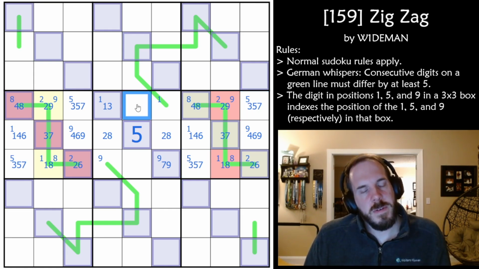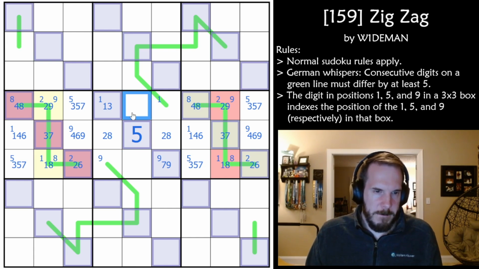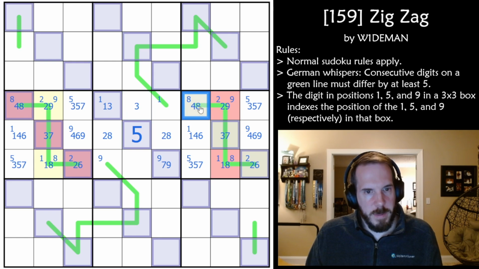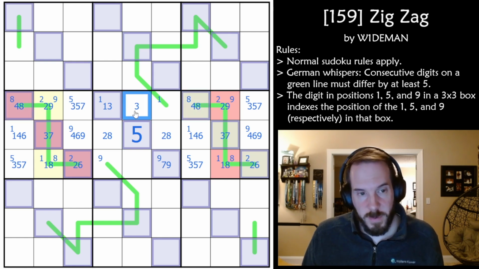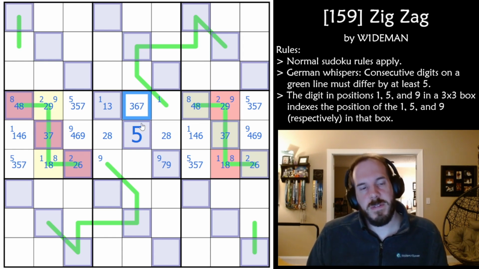All right, so let's try to think about these cells, because they can't be 1, they can't be 2. We could have 3. It can't be 4 because we have a 4, 8 pair in the row. It can't be 5. It could be 6 or 7. It can't be 8. And it can't be 9 because of the 2, 9 pair. So this is either 3, 6, or 7.